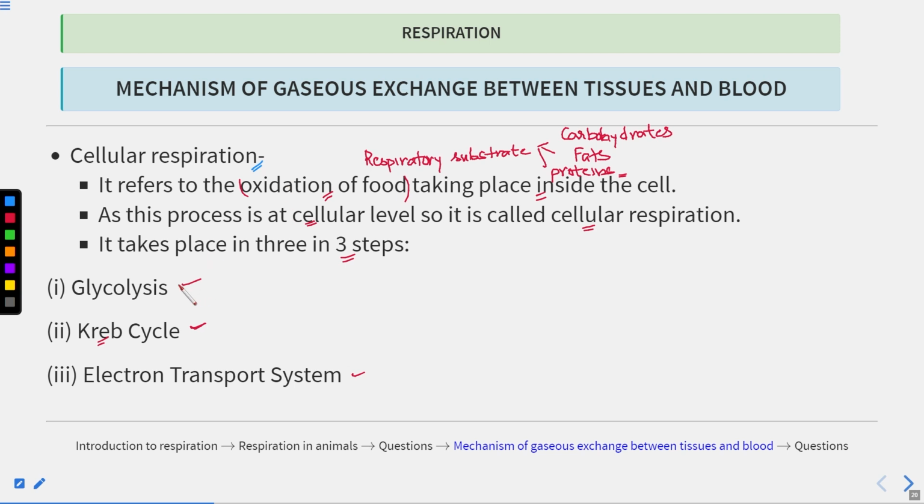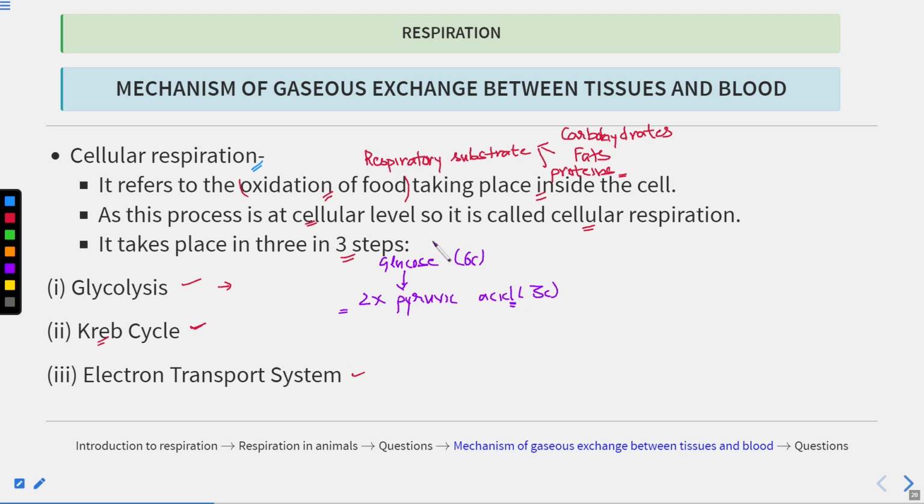So in the previous lecture, we have studied that during glycolysis, the glucose molecule is broken down finally into two molecules of pyruvic acid. Okay, so from here on, you have to consider two molecules of pyruvic acid, because glucose is a 6-carbon compound, and here two molecules of a 3-carbon compound known as pyruvic acid are produced.